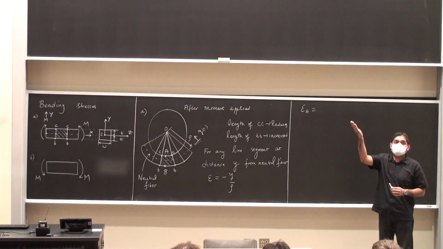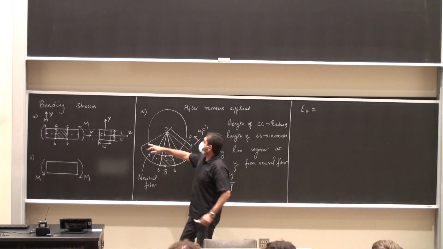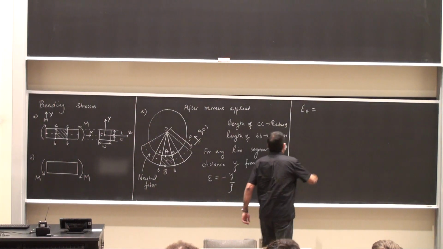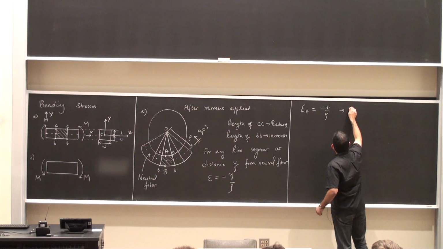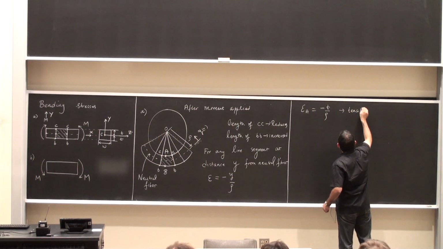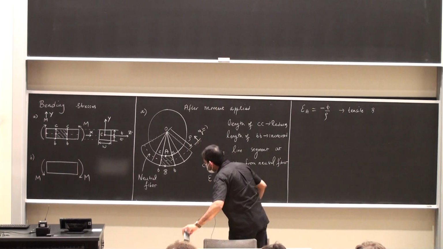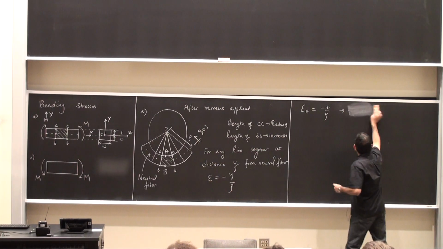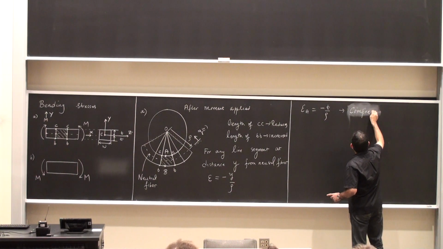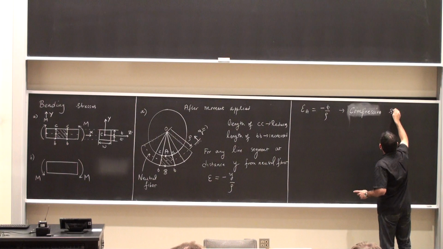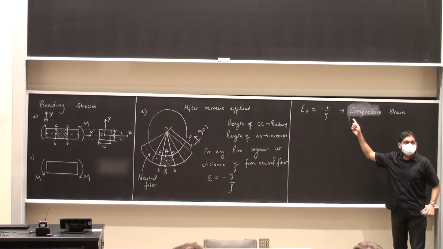It's going to be y, which is the distance from the neutral fiber, which in this case is going to be equal to the value little t, minus t by rho. This is a compressive strain. I'm sorry. Does this make sense to everybody?